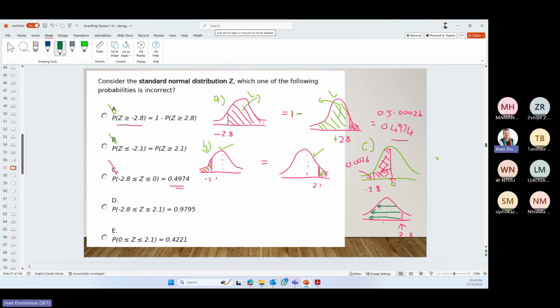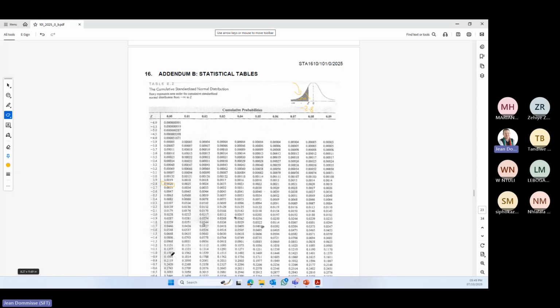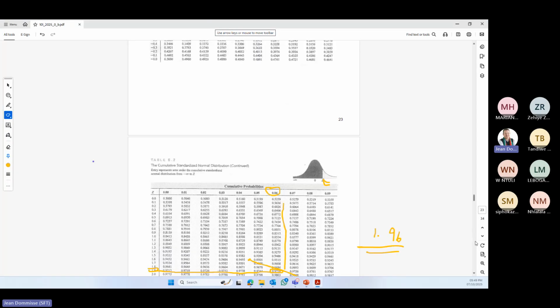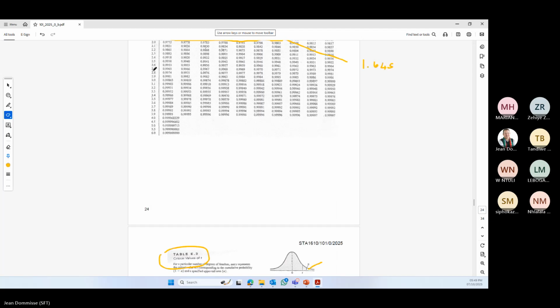Now you might say, okay, positive table, I can still work out this probability. So from a positive table, let's quickly do it and then I'll go to the hand. From a positive table, we could have gone to plus 2.8.